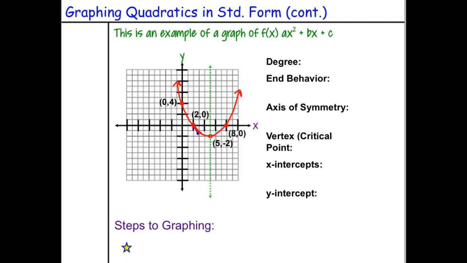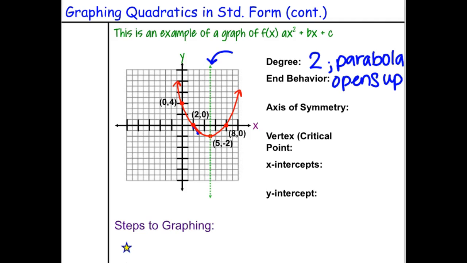So we're going to start off taking a look at a graph in which I don't give you the equation, I just give you the graph itself. Our degree is going to be that 2, and it's going to be a parabola. End behavior, clearly this one opens up because it's like a bowl. Axis of symmetry, I've drawn it in as that green dotted line.